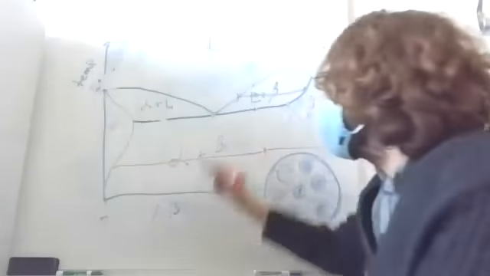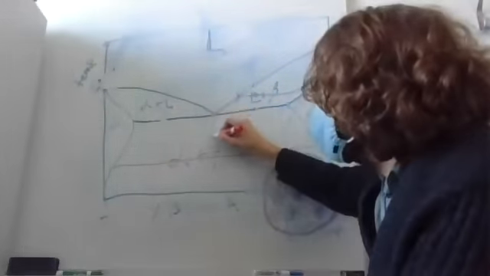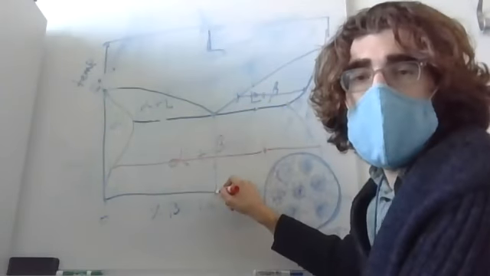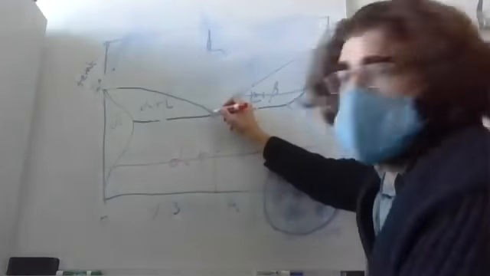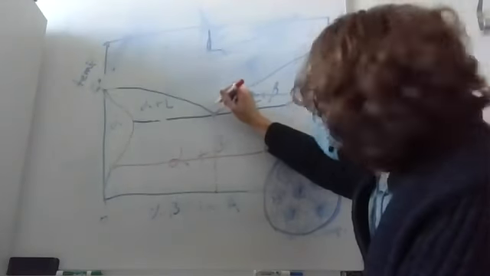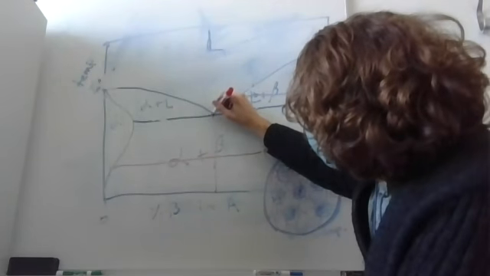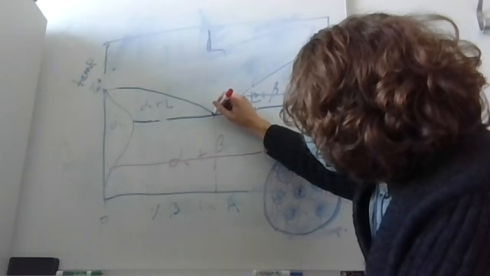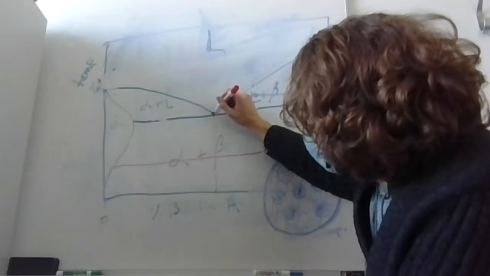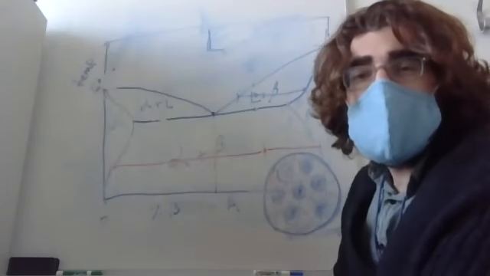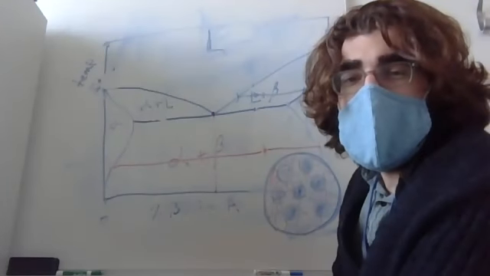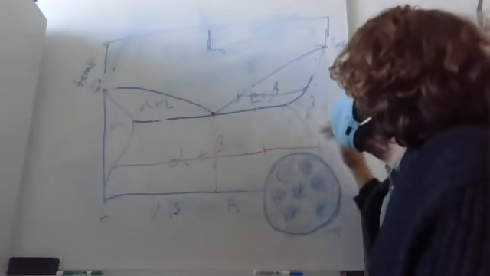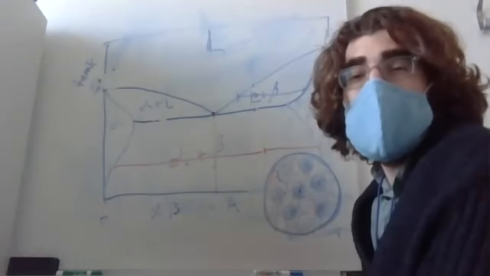So there is this composition here where the melting point is lowest, right? And that is called the eutectic point, and that is where the binary eutectic phase diagram gets its name.